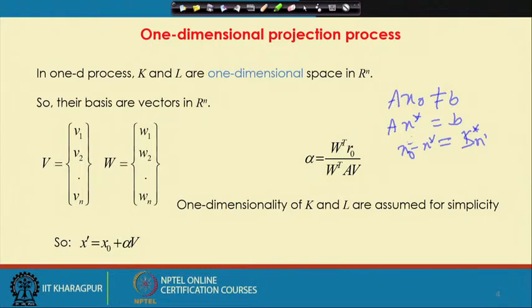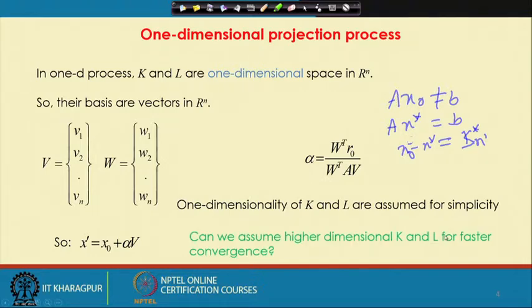So, what we will try to see is that we have assumed one dimensionality of K and L for simplicity. Is it restricting the convergence rate, or if we assume higher dimensional K and L can we get a better convergence rate? Can we assume higher dimensional K and L for faster convergence?